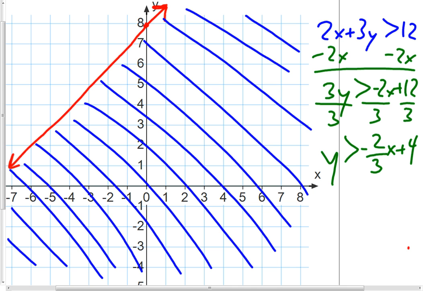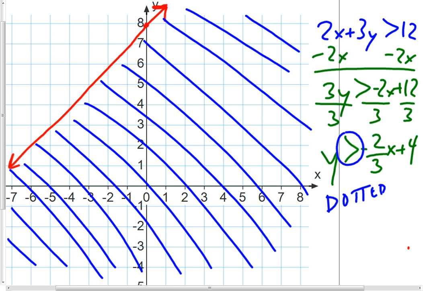You tell me, is negative 2/3 going to be an uphill or a downhill? Downhill. Is this symbol going to be a solid or a dotted line? It's only solid if you have that underneath. And we don't have that.